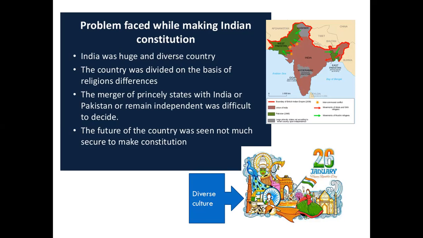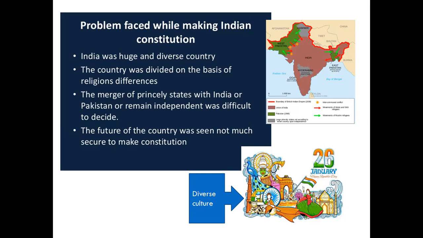So all the 555 accepted the nationalism of India. But Kashmir and Hyderabad did not agree, and they wanted to be separate. But later they joined us, and this was a very big challenge.